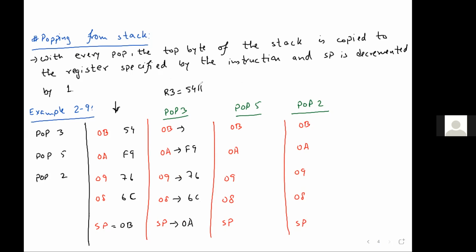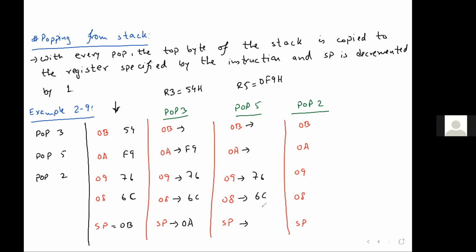For the next one, when we go for pop 5, your R5 will contain which value? F9. Exactly. So your R5 will contain F9H, and these two will become empty. Your 09 address will contain 76, this will contain 60.